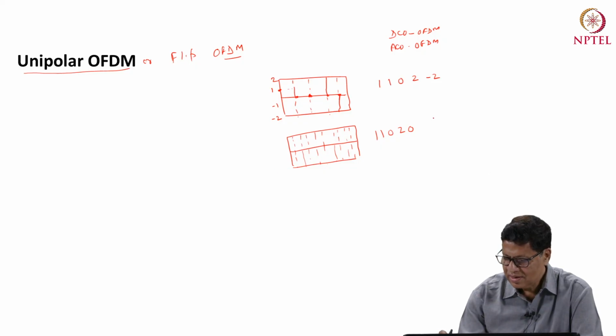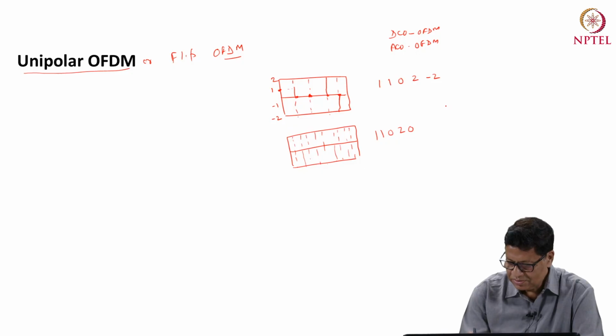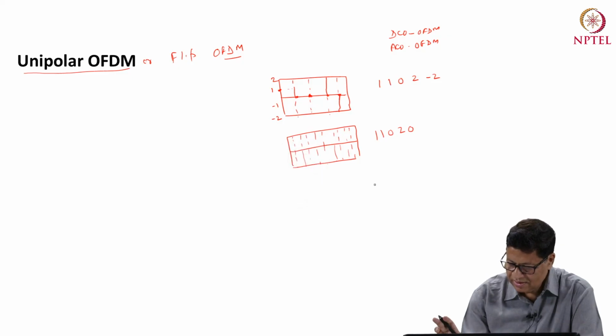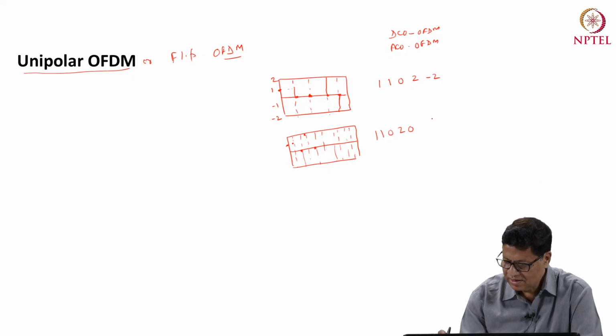And in the second half, this will be 1 here, 1, then again 1 here, and then you have 0 here, and then 2 here and 0 here. And in the second half, you will transmit the negative samples. You have already transmitted these positive signals, so this will be 0, 0, 0, 0.